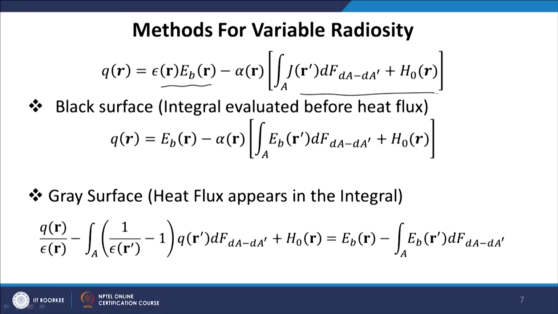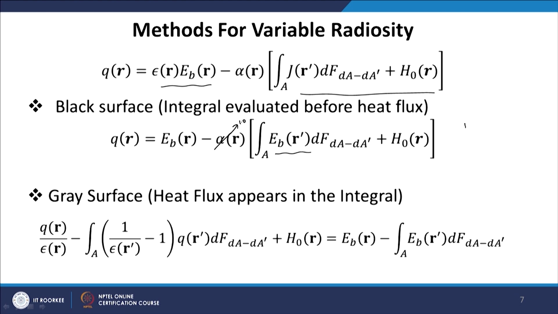So, we start with the same equation that we developed for the heat flux for a gray surface, the emitted part, the absorbed part. And for a black surface, this will be just equal to 1, and radiosity will be simply equal to emissive power.